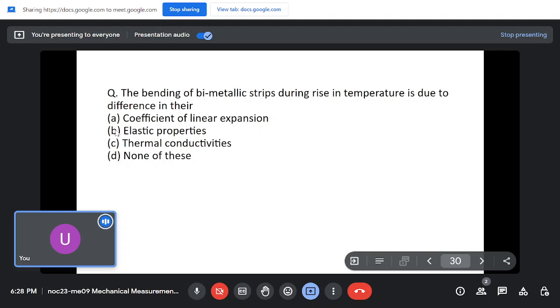So one will extend to a higher length compared to the other, and being bonded together, it will cause a bending action. So that bending of the bimetallic strip is caused due to the coefficient of linear expansion, being different for the two metals. So the answer is option A, coefficient of linear expansion.